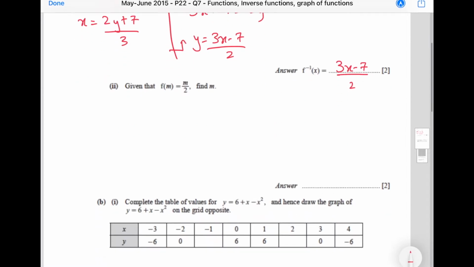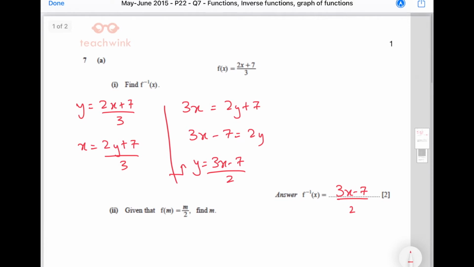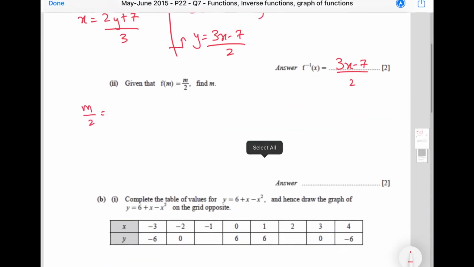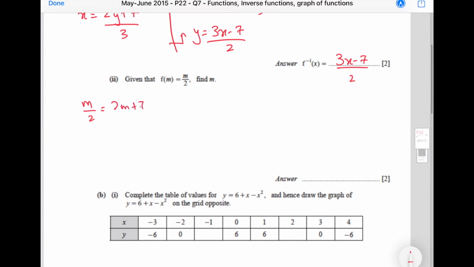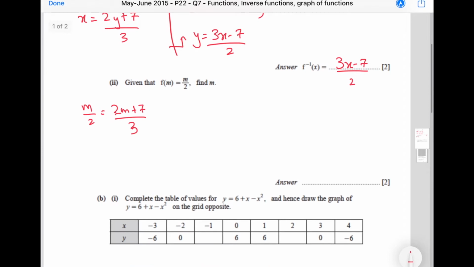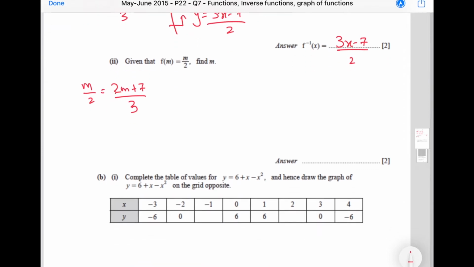The next part says, given that f of m equals m over 2, find m. That means instead of x, you put m over here and solve: m over 2 equals (2m + 7) over 3. Now, since we're trying to find the value of m, we cross multiply.